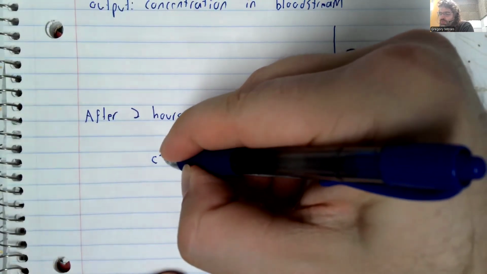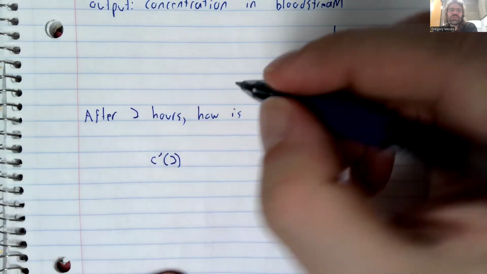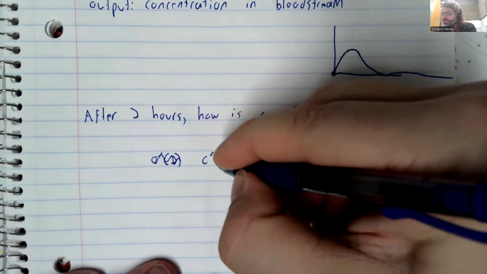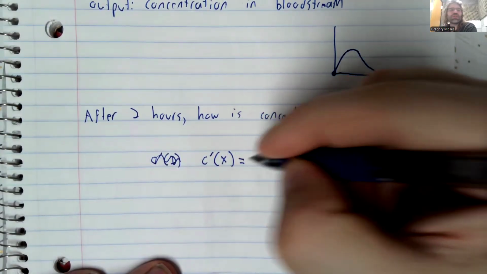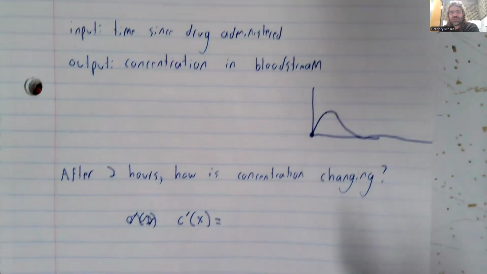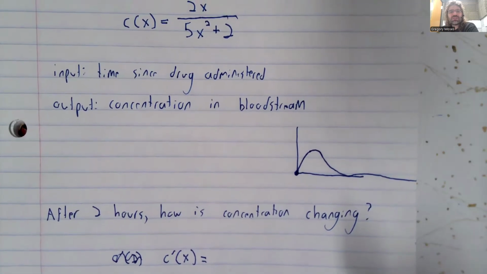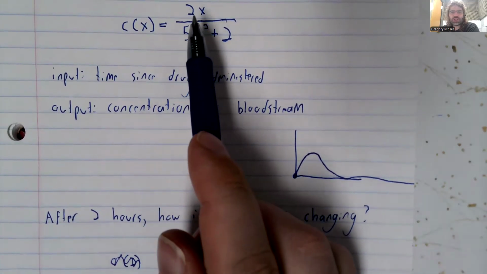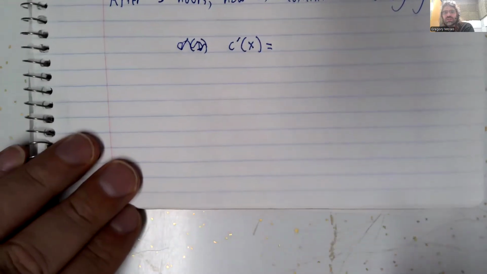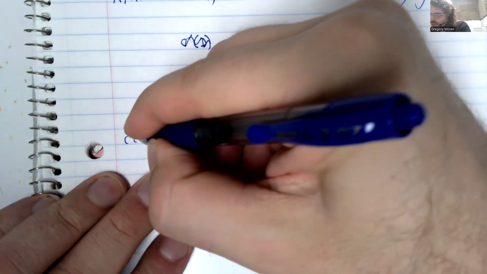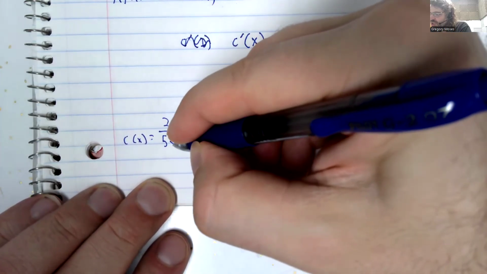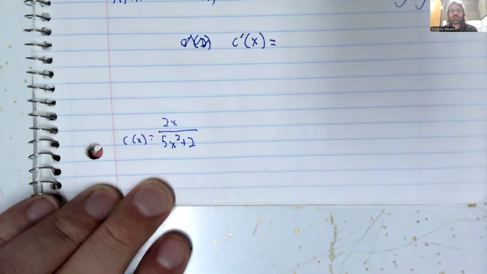Well, I want to know C prime of 2, and to find C prime of 2, I need C prime of x, and then I'll take 2 and plug it in. So to take C prime of x, of course, this is a quotient, so we need the quotient rule. And let me copy C of x down here, just so that I'm not constantly shifting this notebook around.